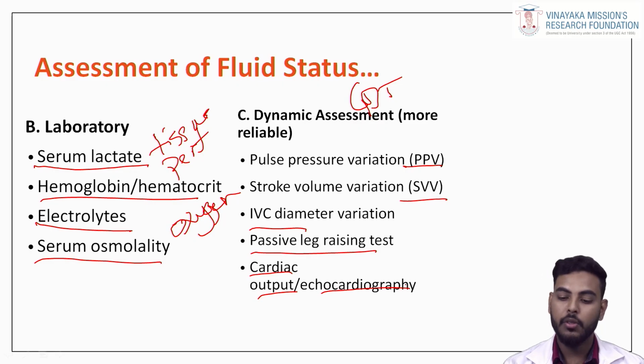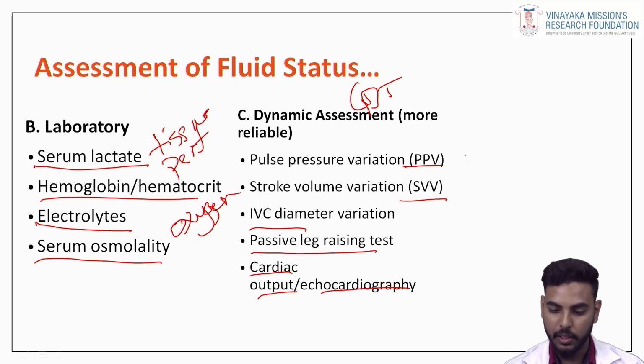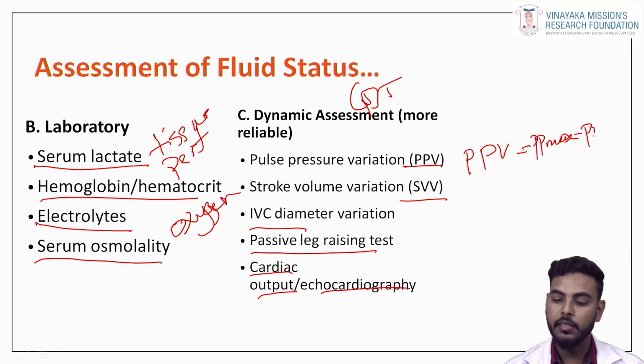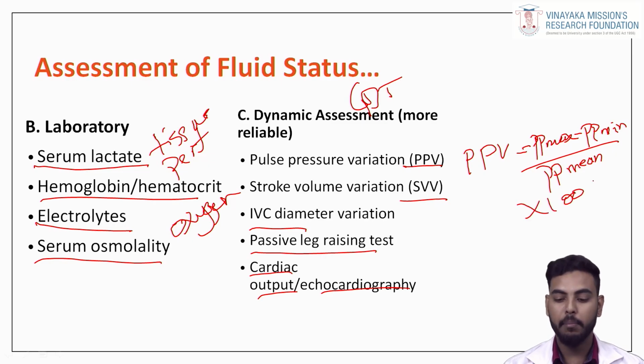PPV is equal to pulse pressure max minus pulse pressure minimum, divided by pulse pressure mean, multiplied by 100.